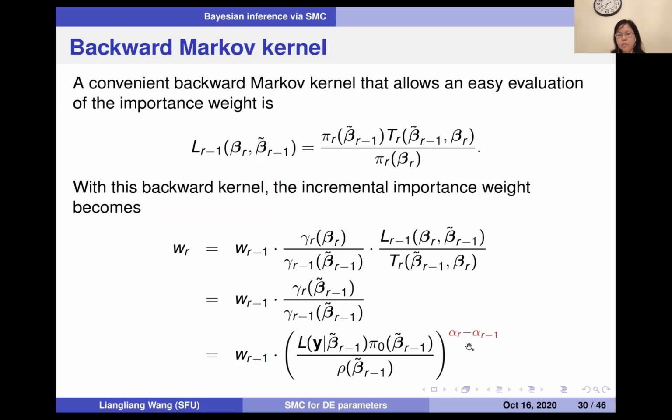This is very useful because the main problem of implementing the previous algorithm is to decide these annealing parameters. And we would like to determine these annealing parameters adaptively rather than specifying them in advance. So that's why this weight update is quite useful.